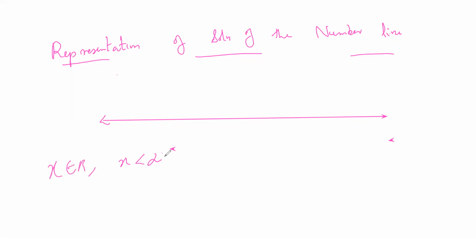If this is the question, the first thing we have to mark is the points, correct? Starting from 0, 1, 2, 3, 4, and this is minus 1, minus 2. The only thing we have to do is mark the answer, x less than 2. Which means it should come from here.